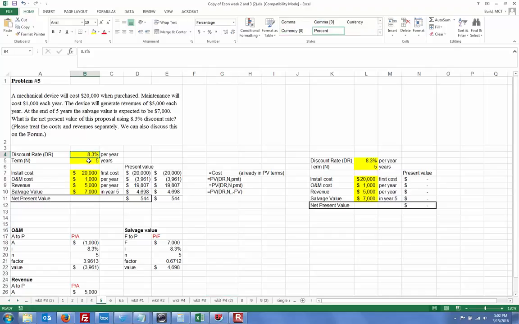You're going to run for 5 years. So here's your $20,000. It's going to cost, and that's pretty easy. The present value is $20,000. And what he's done, he's just multiplied it by -1.